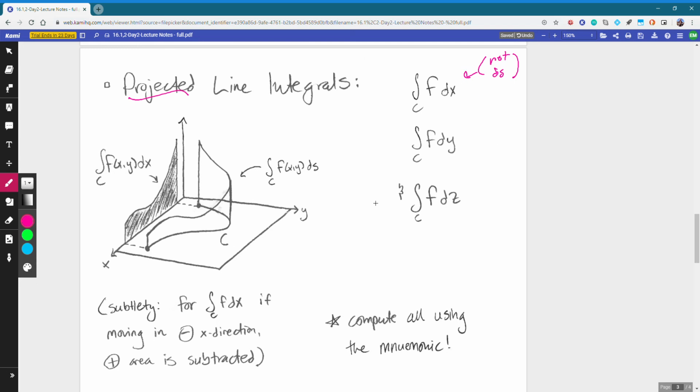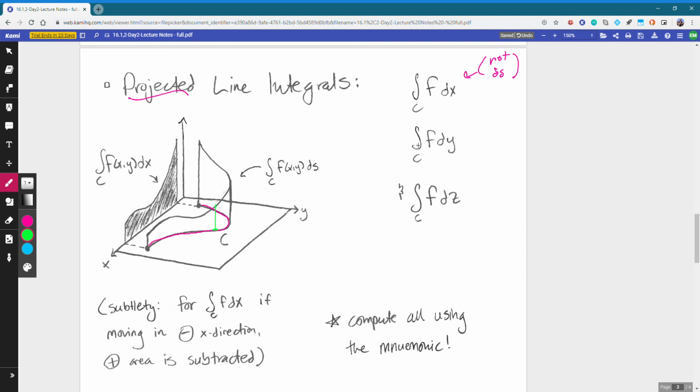And so our standard line integral, if we have a curve here that's in the xy plane, and we have at each point some function information, we can stand it up, we get some ribbon. Our standard line integral is computing the net area of this ribbon.